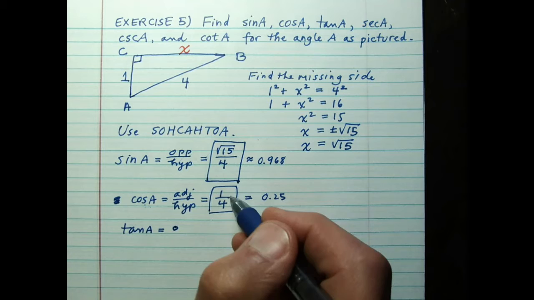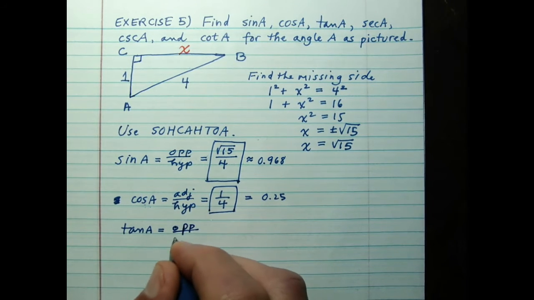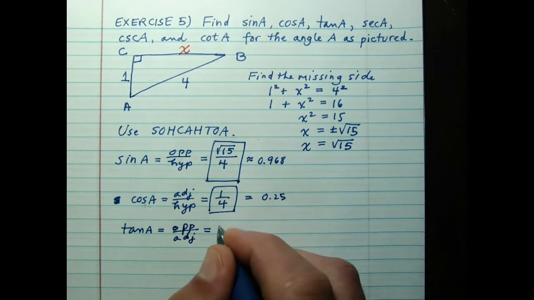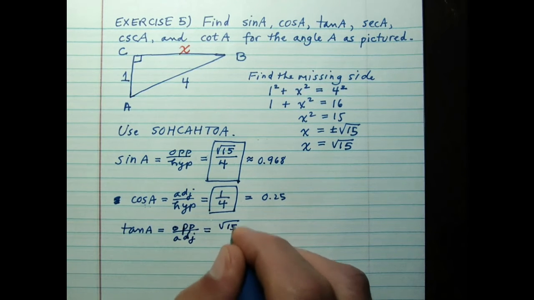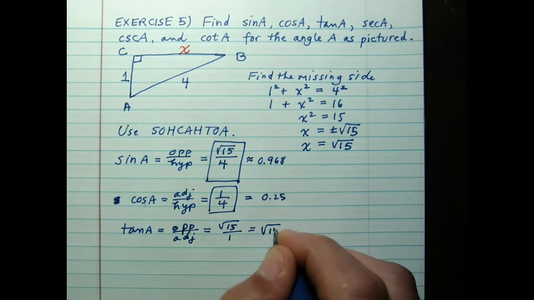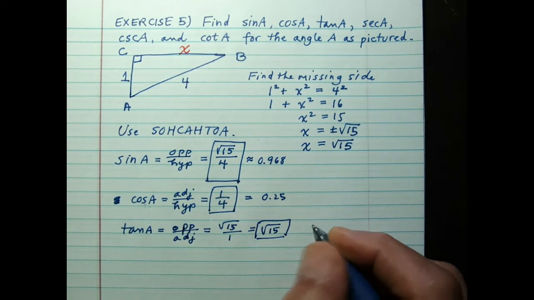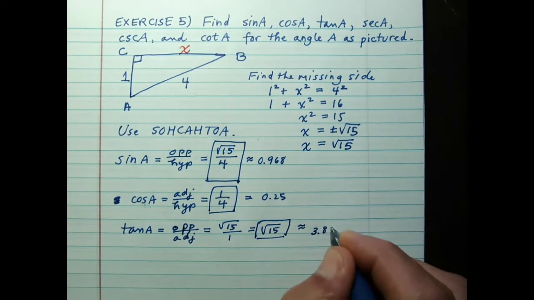Here, I don't want to divide fractions, so maybe I'll just do TOA, opposite over adjacent, but it'll come out the same either way. Opposite over adjacent is square root of 15 over 1, which is just square root of 15, the tangent of angle A. Square root of 15 is about 3.873.